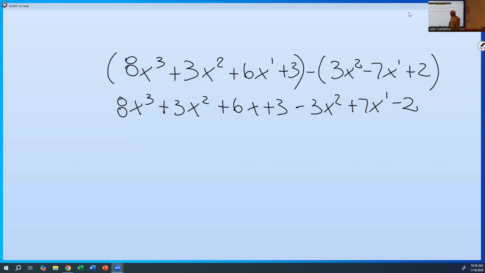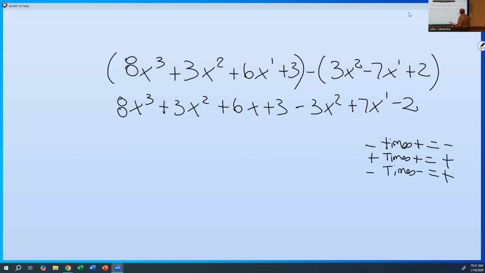Yes. A negative times a positive is a negative. You can write down: a negative times a positive is equal to negative. A positive times a positive is equal to positive, and a negative times a negative is a positive.